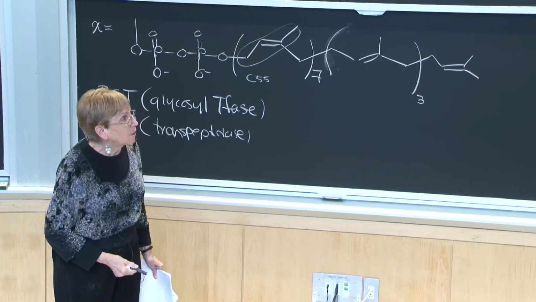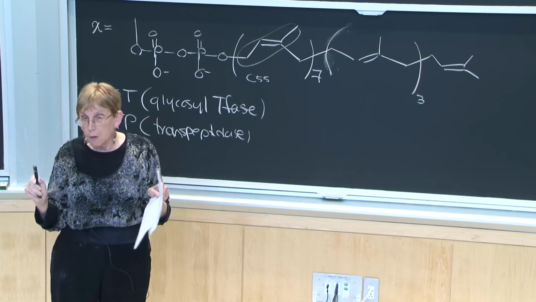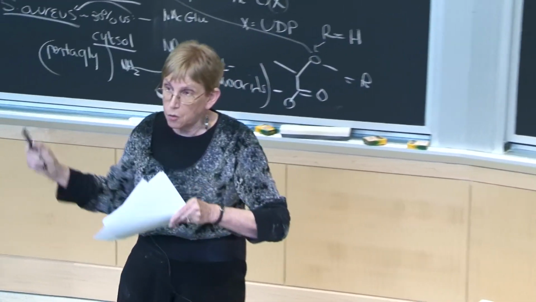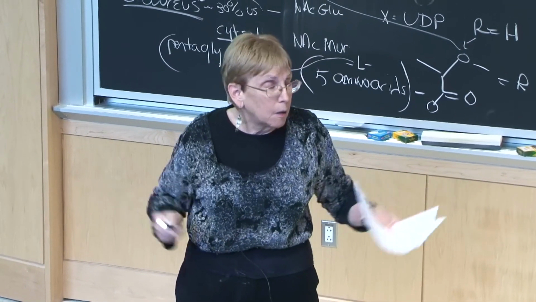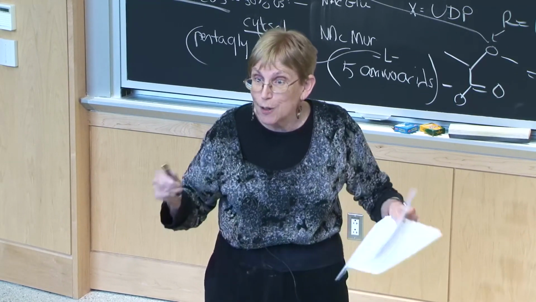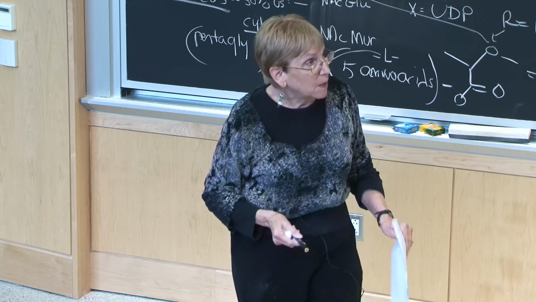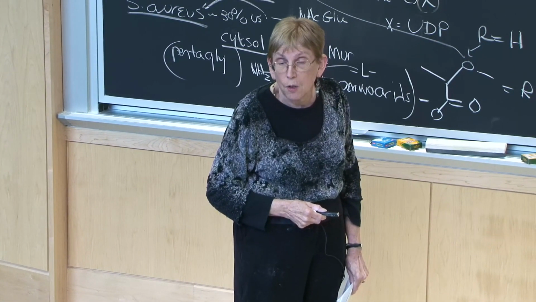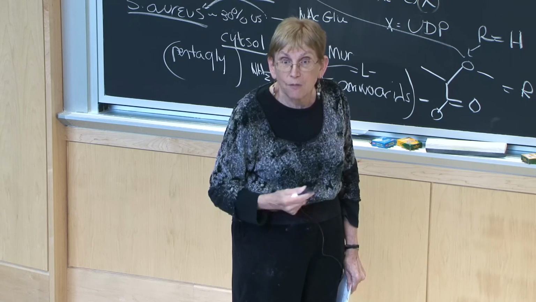Now, in many organisms, the glycosyl transferase and the transpeptidase are on the same protein. They're two domains. But in many organisms, they're not. Okay, so you have two separate proteins. And furthermore, in Staph aureus, there are now 5 of these kinds of proteins.